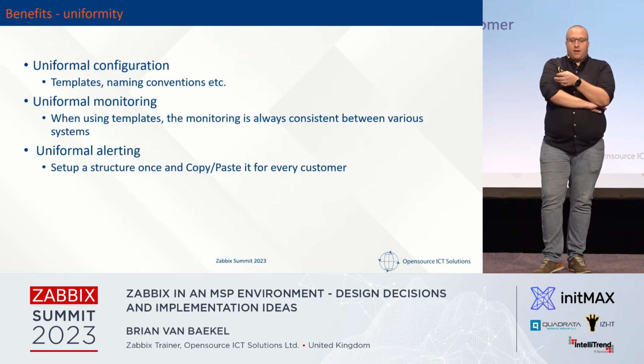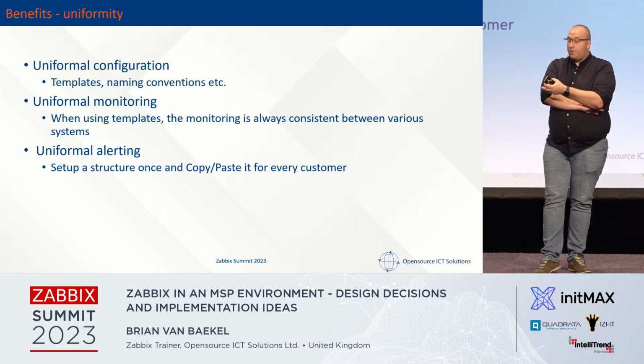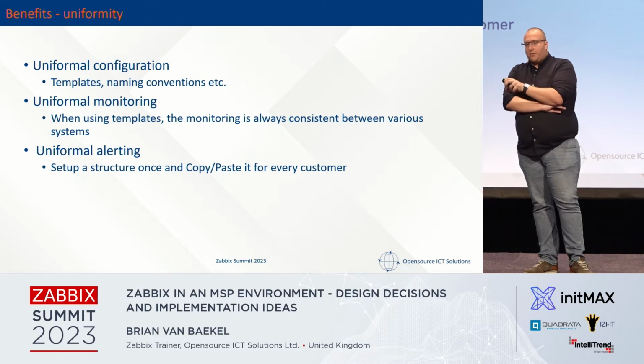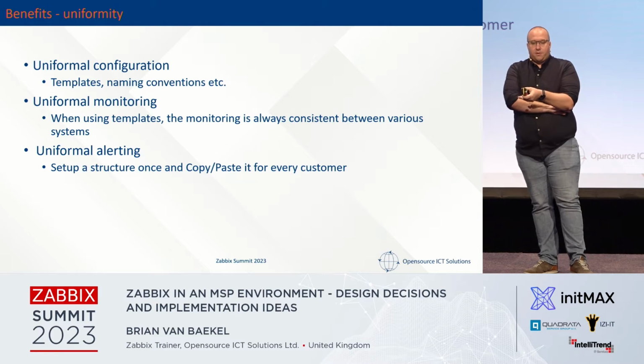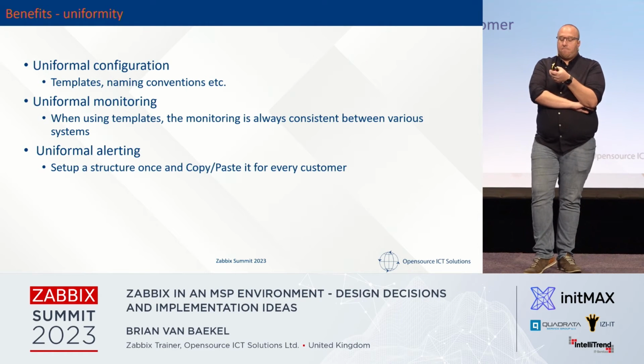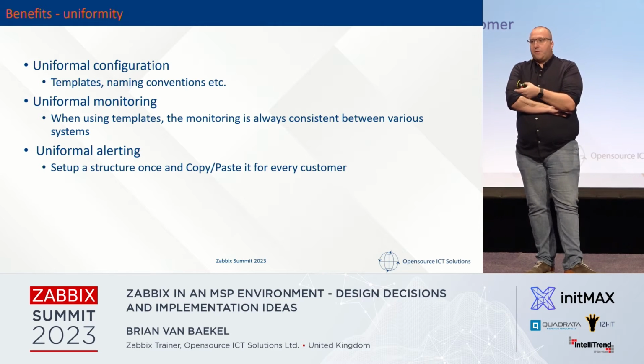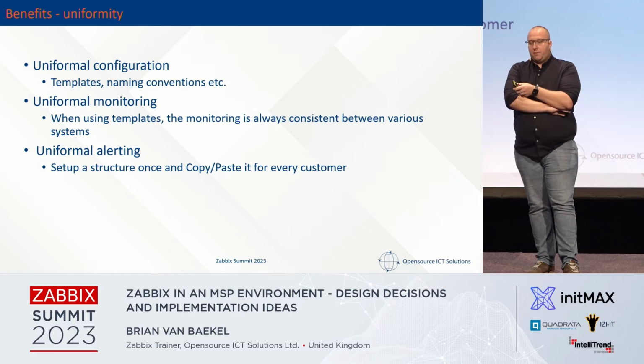It is really just creating new hosts. Or even better, for the alerting part, you create a nice structure once, and you can somewhat copy-paste that structure for all new customers. And that's one of the most important things, I think. Be structured, be uniform, but also think about way too many things before you actually start implementing it.